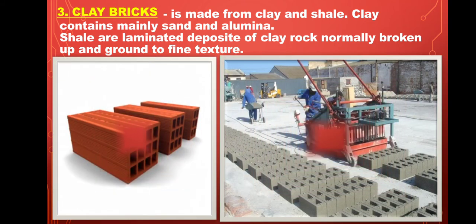When you obtain this fine texture, it is then mixed with your clay. And by so doing, we end up producing what we call clay bricks. The pictures we also see below are all typical examples of clay bricks.